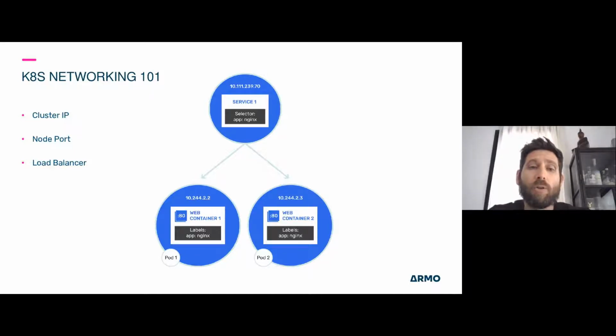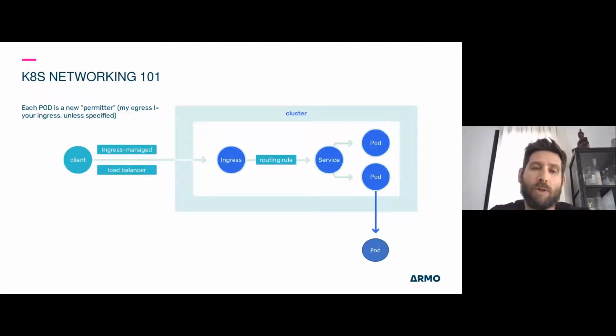Now, using load balancer created a situation where you have a lot of load balancers in your environment, which is, of course, annoying. And then Kubernetes created something which is called ingress. The idea with ingress is aggregating all the services. So basically, you can say /cart will go to the cart service, and /checkout will go to the checkout service.